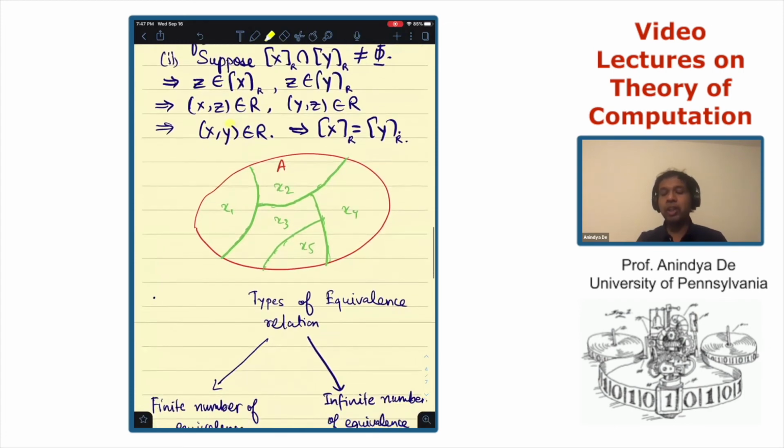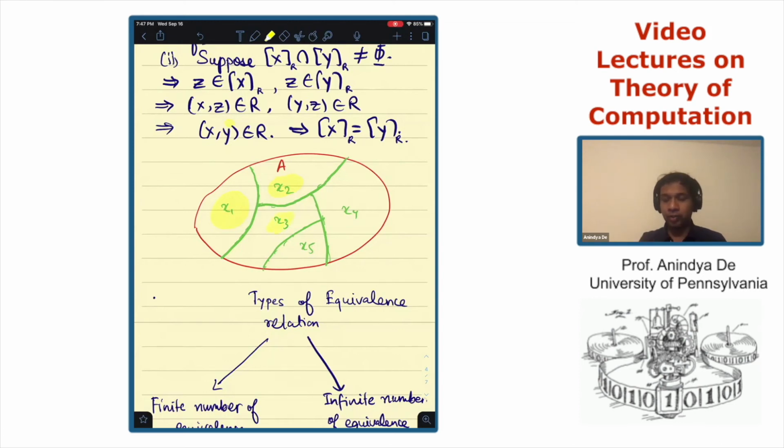So just a picture: if the red thing is the universe A, the ground set A, then you can think of equivalence classes as partitioning the ground set A, let's say in this example, into 5 parts. The first one is the equivalence class of X1, which I just made yellow. The second part, the second set in the partition, is the equivalence class of X2, which I now made yellow.